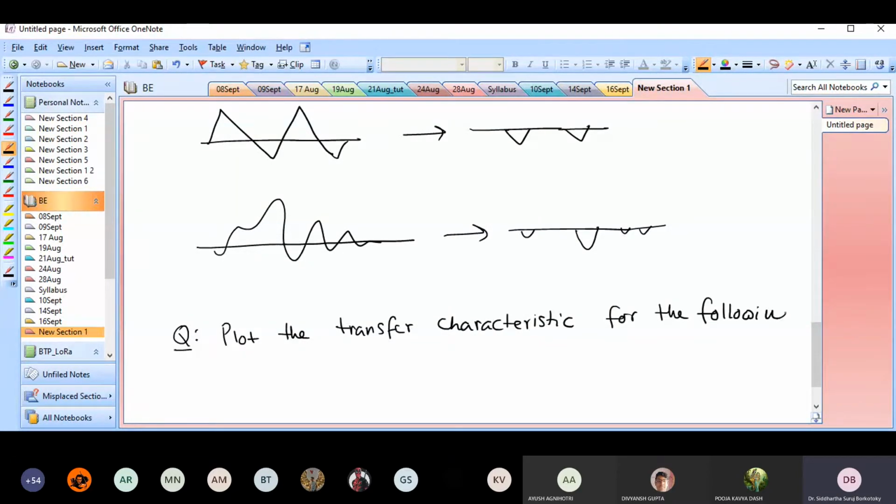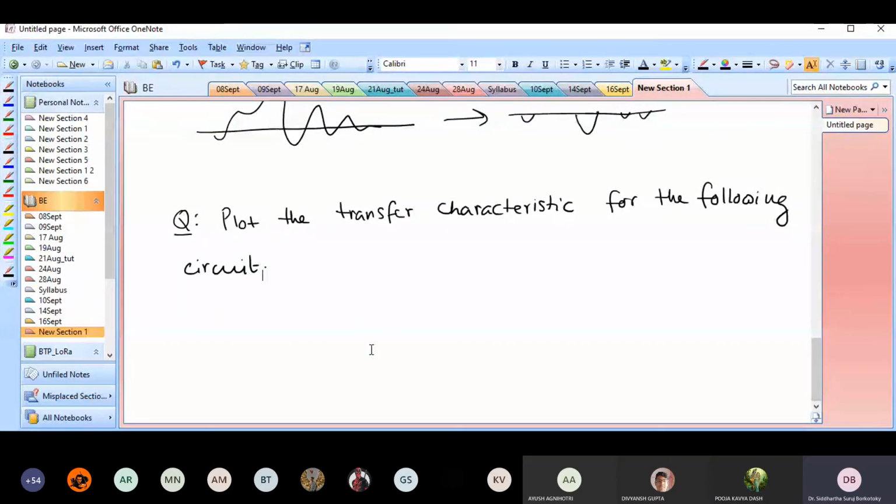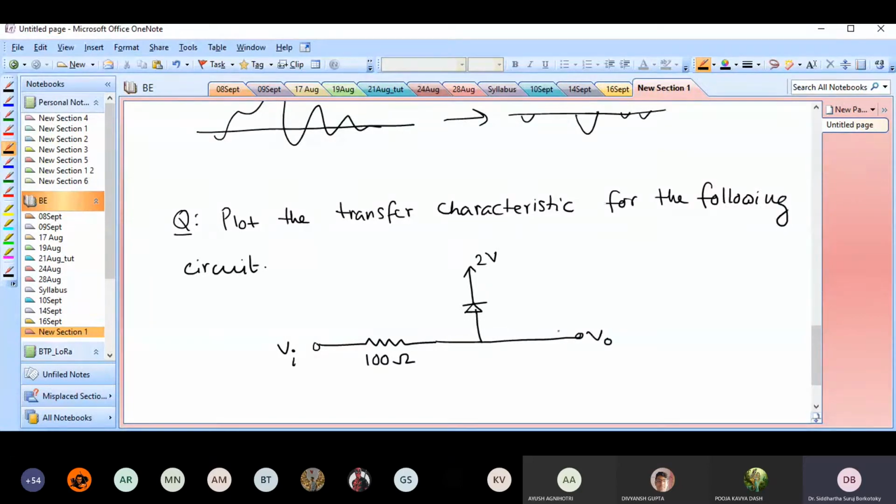I'll draw a circuit for which we will be plotting the transfer characteristic. And what is the circuit? The circuit looks like this. I have a VI. I have a 100 ohm resistor in here. I have a diode like this here. And I have a 2 volt voltage source. And there is an output.